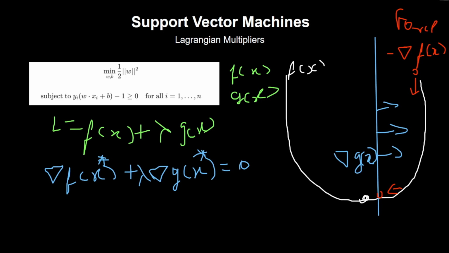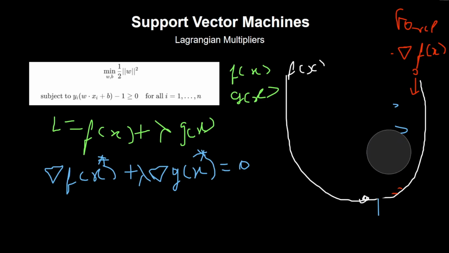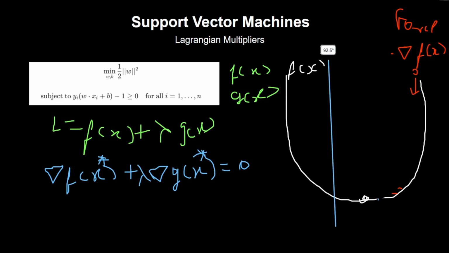So what is lambda here? Lambda tells us how strongly the wall pushes, which is the magnitude of the force. If the wall is not even touching the ball as it rolls down, so instead of the wall being here, the ball is on the other side, let's say like this one, the ball doesn't need to touch the wall because before we even reach this point, we will reach the unconstrained minimum.